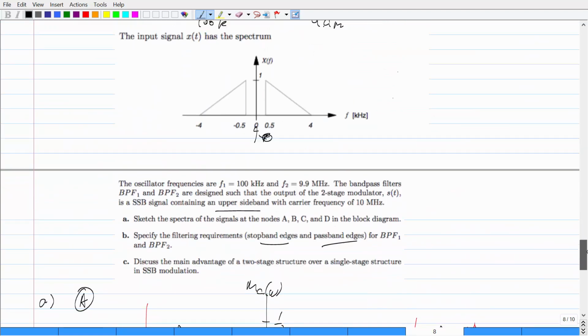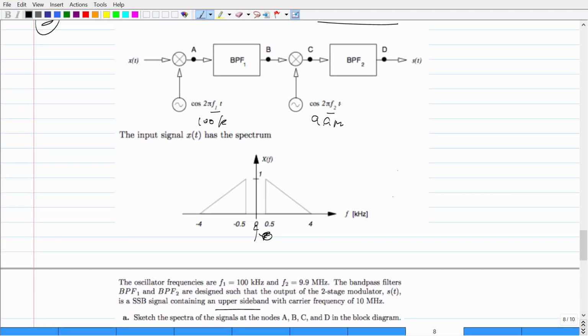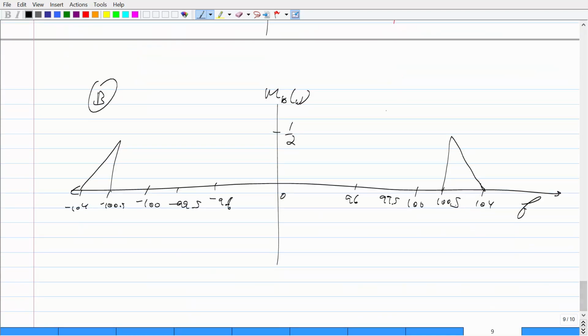Now part C asks you to modulate by f2, which is 9.9 megahertz. So now I'm going to change the scale to megahertz. So this here is the same as 0.1005 megahertz, and this is the same as 0.104 megahertz, and this is in kilohertz. I'm just putting these down as a reference because when I change to megahertz, you'll see where these numbers come from.